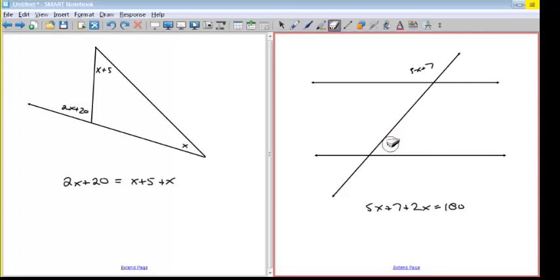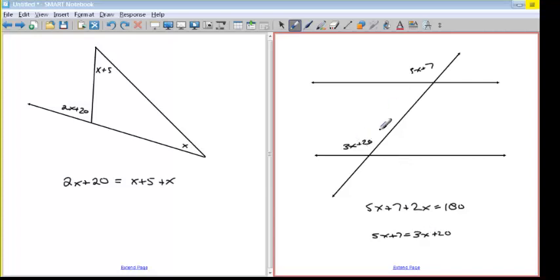If instead I were to say this angle is 3x plus 20, because these are both large angles, I would set them equal to each other and solve for x. So depending upon the configuration, if they are both big angles or both small angles, you set them equal to each other.